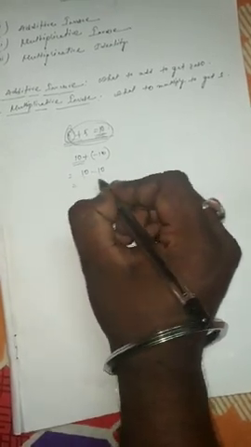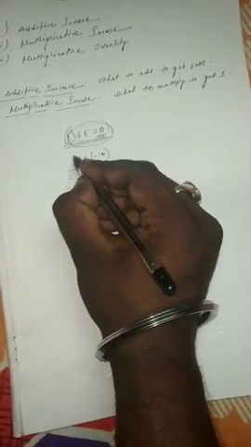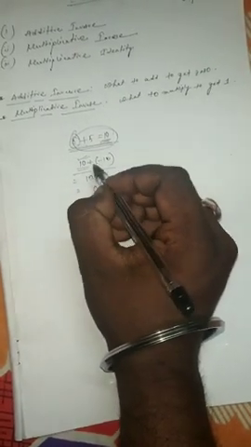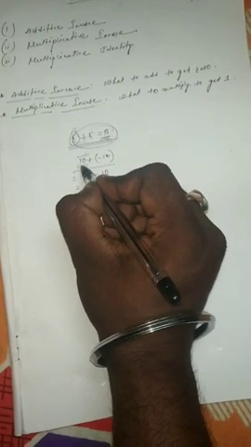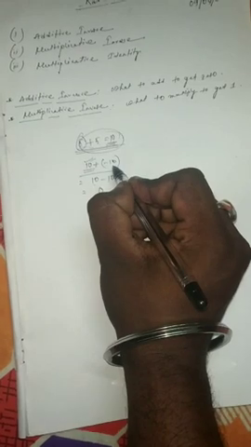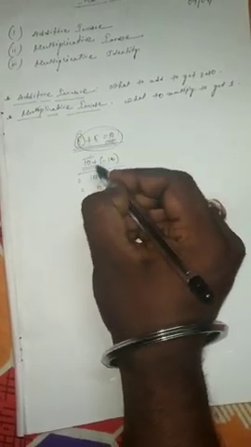If I imagine a number, 10, what is to be added with this number in order to get 0? Of course, that number is minus 10. 10 plus minus 10, that is 10 minus 10, results in 0. So the additive inverse of plus 10 is minus 10, and the additive inverse of minus 10 is plus 10.